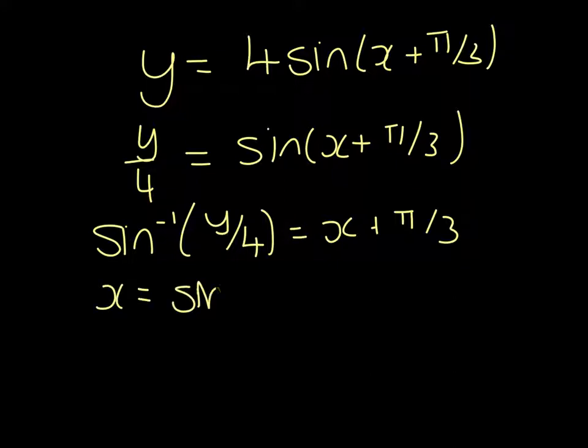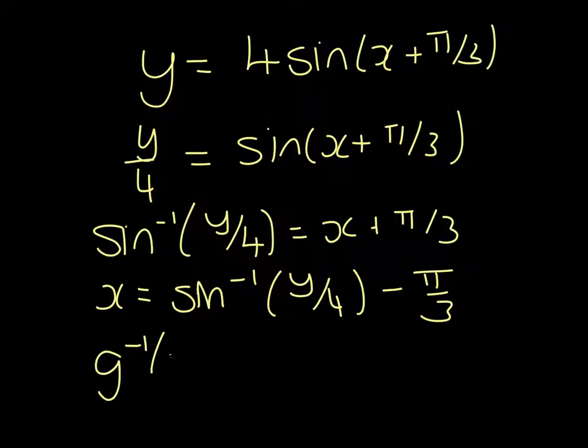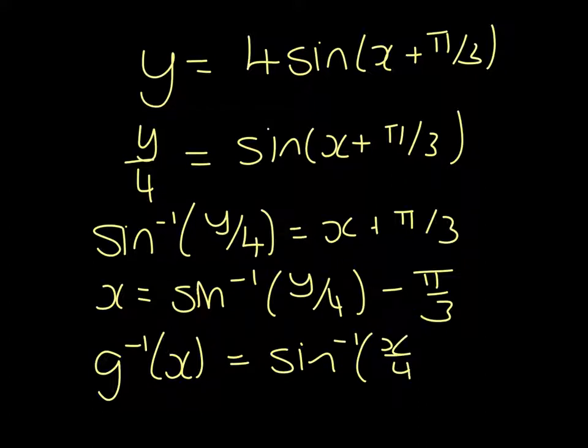So x equals the inverse sine of y over 4 minus pi over 3. So we write that the inverse of g is the inverse sine of x over 4 minus pi over 3.